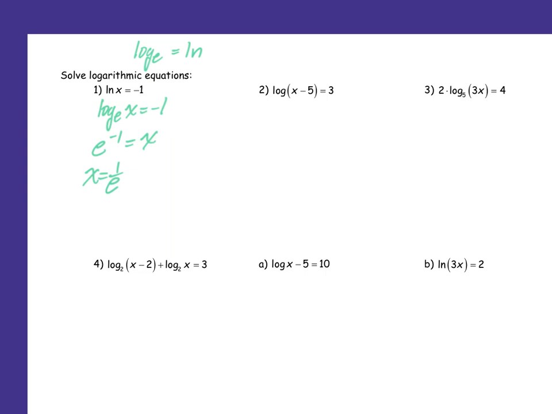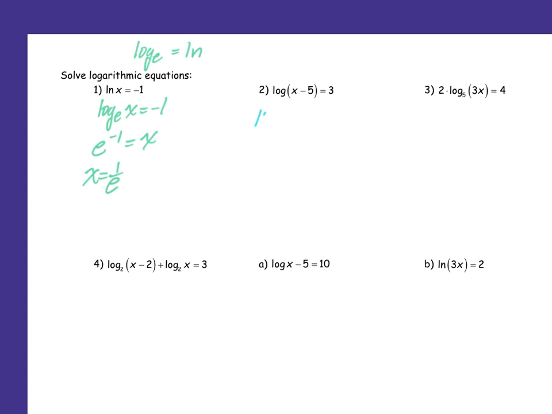Okay, so the next one's already in a log. What base is my log? There's no base for it, so what base is it? Yes, base 10. Awesome. So if there's not a base showing there, it's base 10. So I'm going to rewrite it, I can't solve it as a log, so I'm going to rewrite it as an exponent.